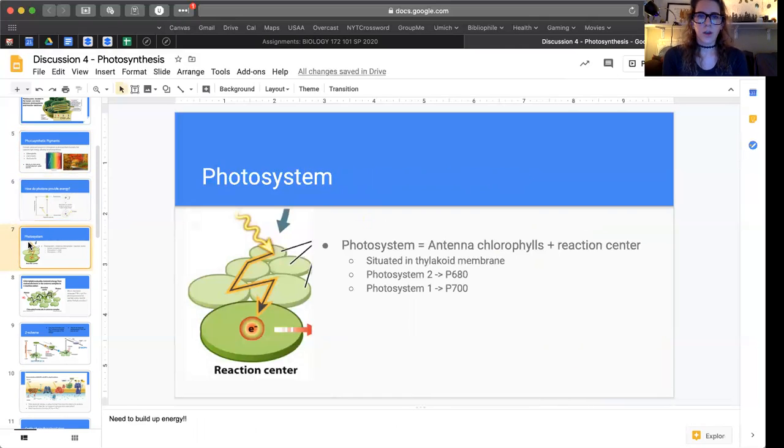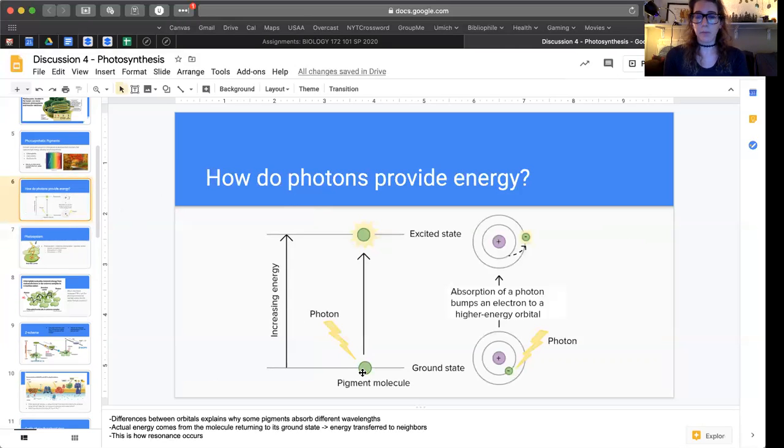Okay, so a photosystem is essentially the conglomeration of the antenna chlorophyll and the reaction center in the thylakoid membrane. We can see here, this is where the antenna chlorophylls are. This is where the photons are going to be striking these pigment molecules and causing them to become excited.